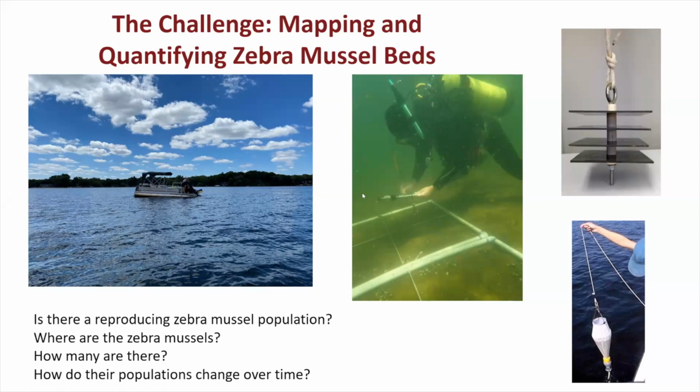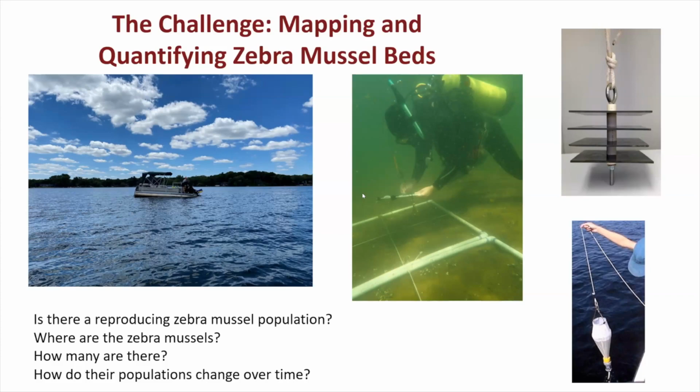You might get some very high resolution, high quality information about how many zebra mussels are there and what kinds of habitat they are inhabiting in terms of the types of substrate, so sand, gravel, rock, etc. But you're really limited by the time and effort it takes in order to conduct a scuba diving survey.